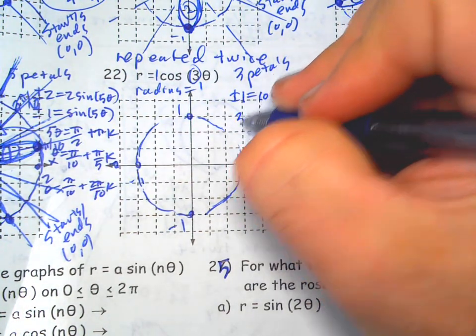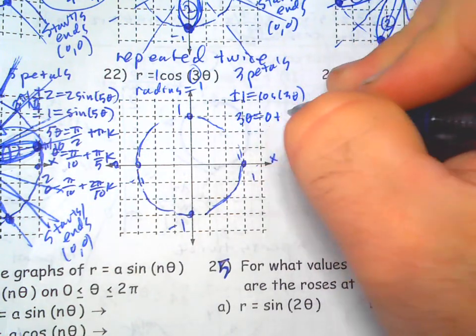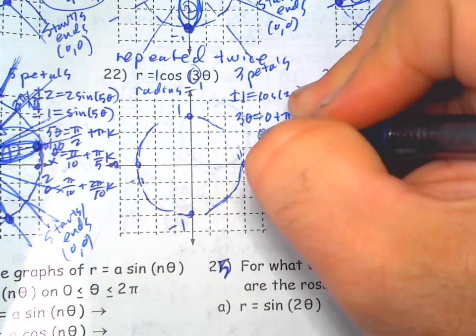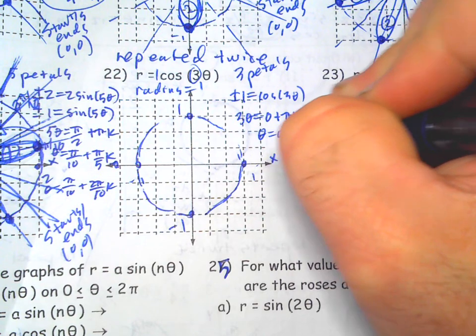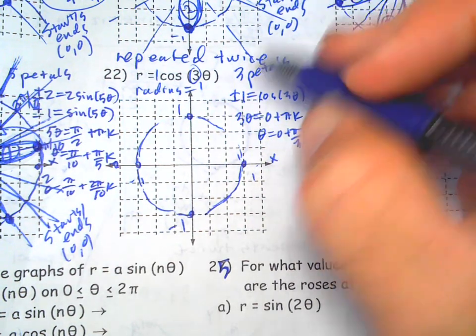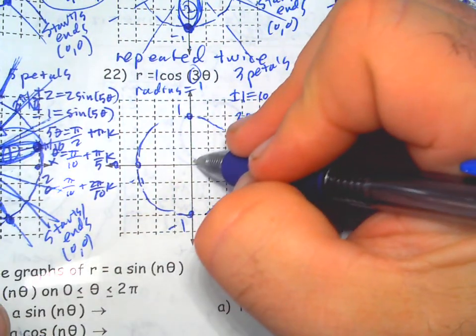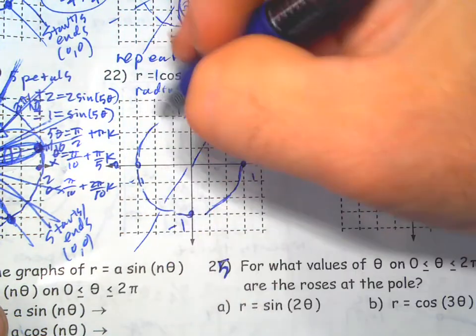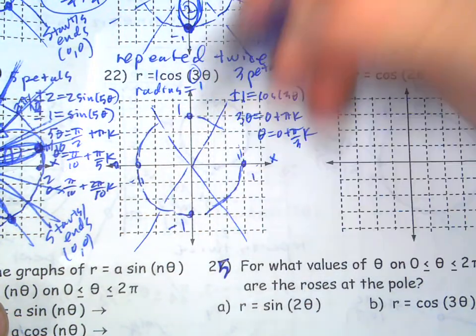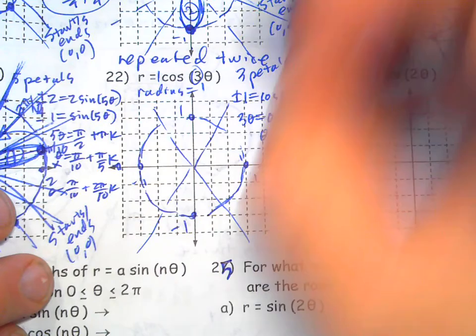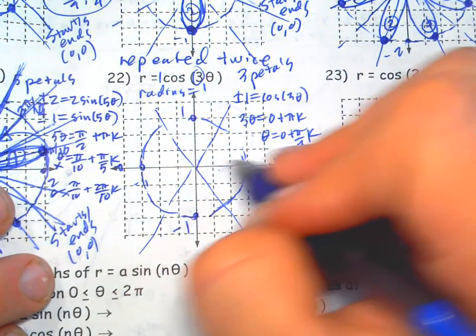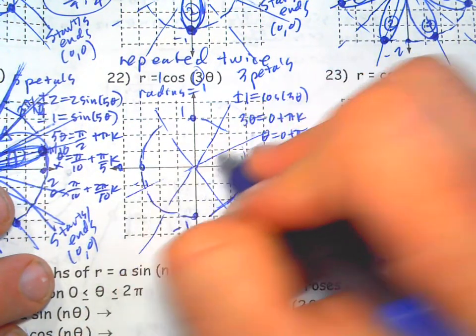So 3 theta equals 0 plus pi k. So theta equals 0 plus pi over 3 k. So 0, pi over 3, 2 pi over 3. We're going to probably want the angles in between them. So that'd be the pi over 6 angles, those.